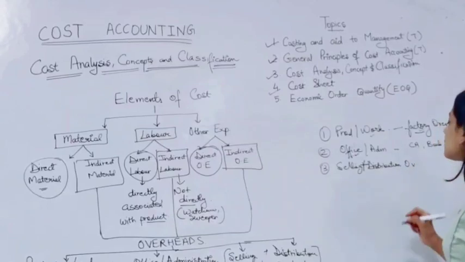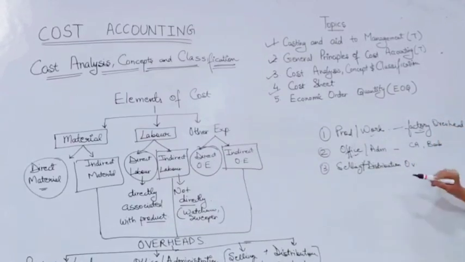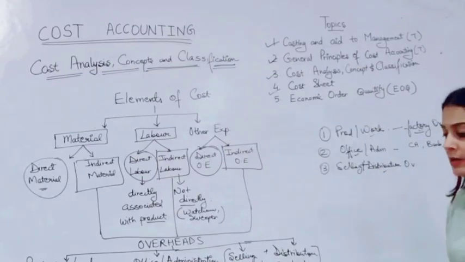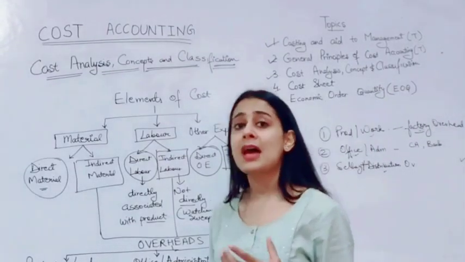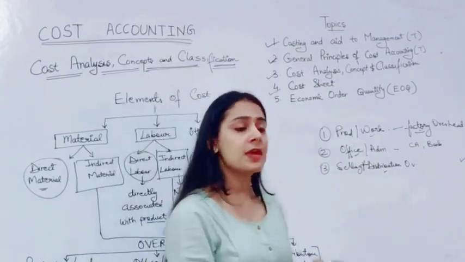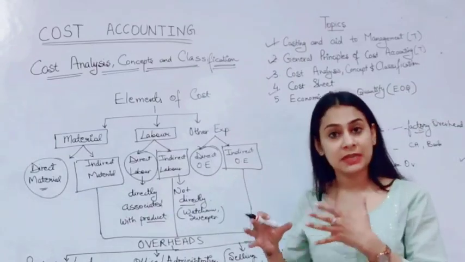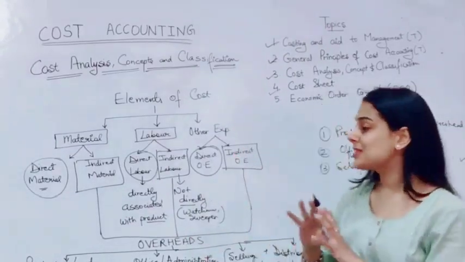So selling and distribution overhead will state that once the things are complete in the factory and the office work is done, now you need to go and sell the product. You need to distribute the product. You need to incur the cost regarding your ad or maybe your warehouse cost. Warehouse is a place where we keep and store the material which is already made. The units are completed.